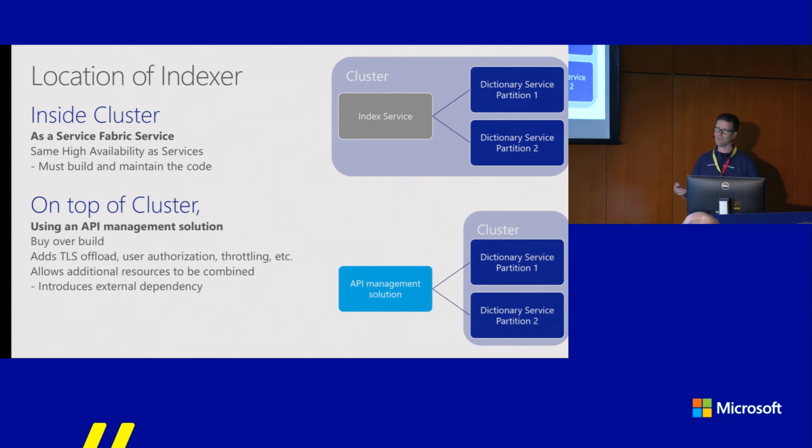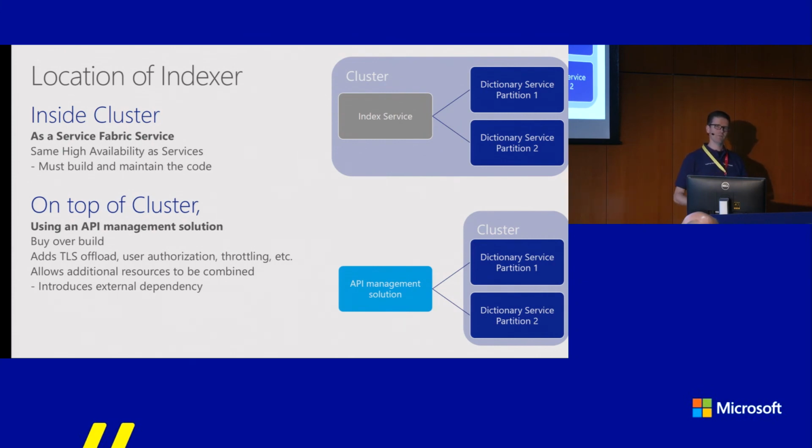You can also decide to put the indexing service on top of the cluster. This means that it's outside the cluster and it has a different availability. It does follow the buy over build strategy, so you don't have to invest in knowledge and time to create an indexing service. You can just take a product that is off the shelf. It can even add stuff like TLS offloading, user authorization, throttling, metering, dashboarding.